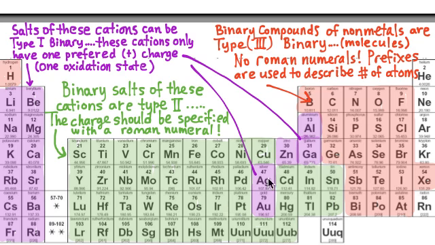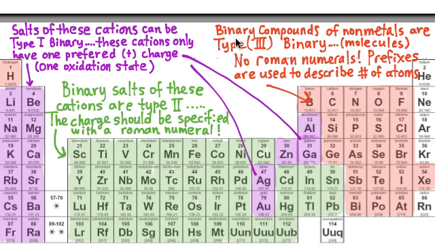So these elements over here, almost always the same charge, and because they're all so predictable, I don't have to mention with the Roman numeral what the charge on the metal is. So I'll combine a metal from here, purple, with a non-metal from red. Or a type 2 involves combining one of these metals, the transitions, which are quite variable, in which case we will use the Roman numeral to tell what the oxidation number is in the name, and a non-metal.